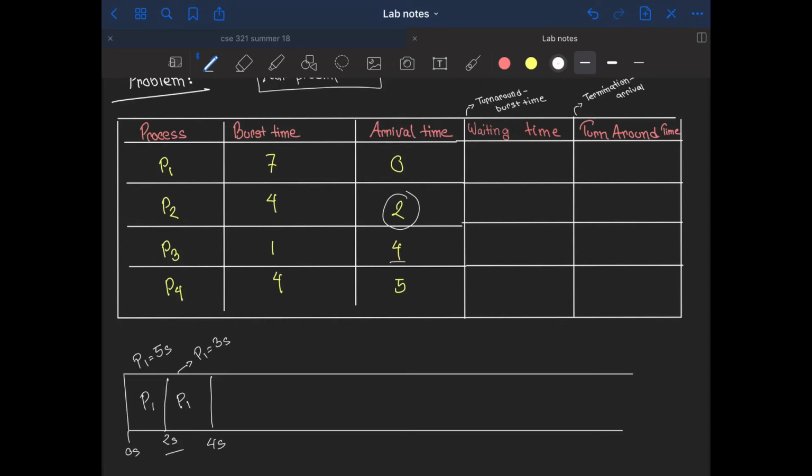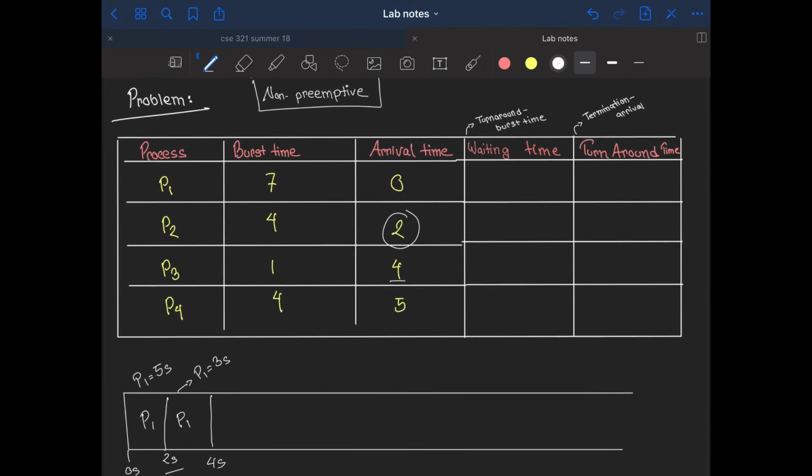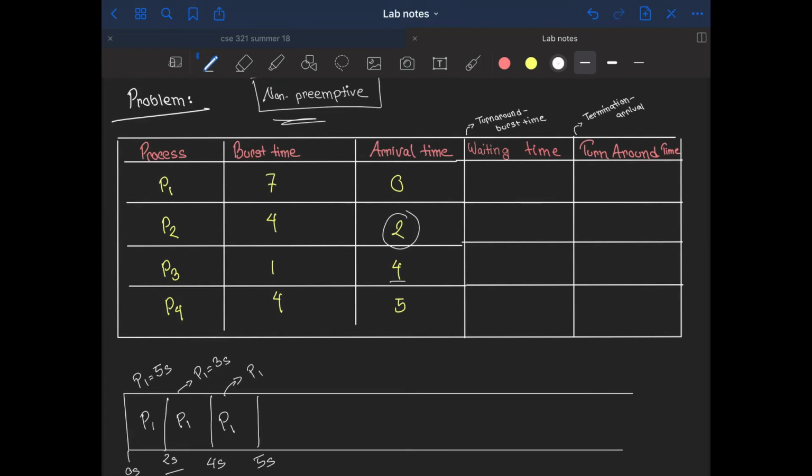So at the 4th second, we have P3, and P3 has a smaller burst time, but as this is the non-preemptive version, we wouldn't be switching, and P1 continues. At the 5th second, we see that there's another process, so P1 has only 2 seconds left. And this process also has a smaller burst time than P1, but we wouldn't be switching again.